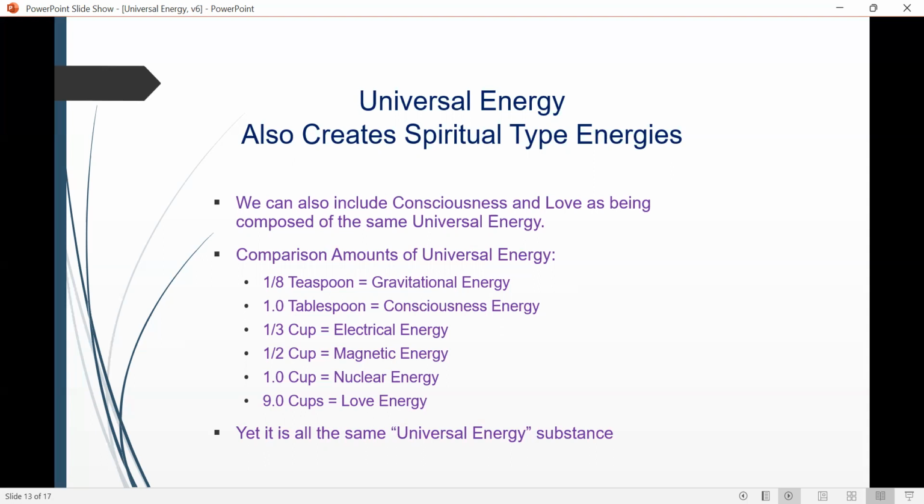So, comparison amounts. Notice where I inserted consciousness energy and love energy. Consciousness energy is really small, but it's greater than gravitational energy. Not as great as electrical energy, but greater than gravitational energy.